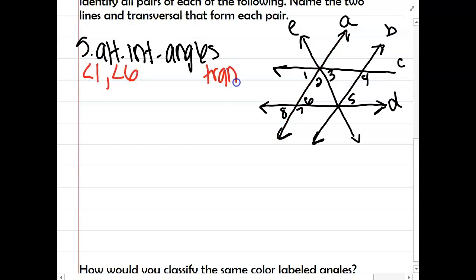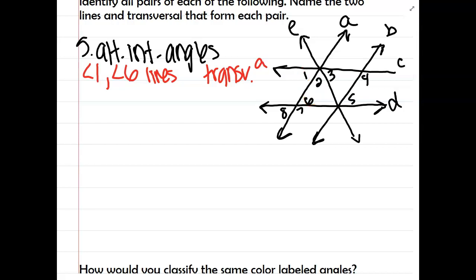I think it's easier to start by naming the transversal. What transversal are angle 1 and angle 6 on opposite sides of? Right there, line A. Now, what 2 lines are they the interior of?